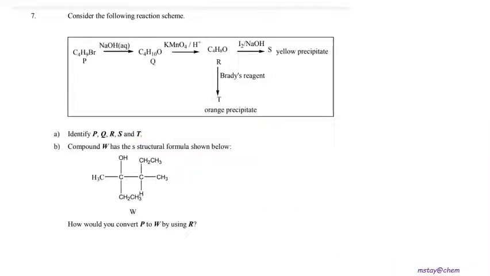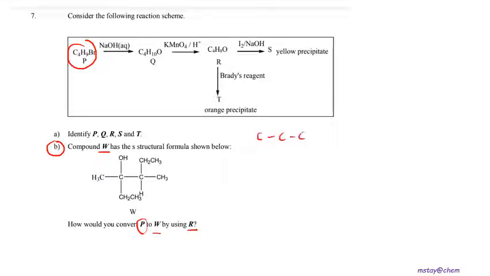Okay, proceed to tutorial question B. Compound W has the structural formula shown below. How would you convert P to W using the R? Okay, so now let's start with the P. P just now is a secondary haloalkane.